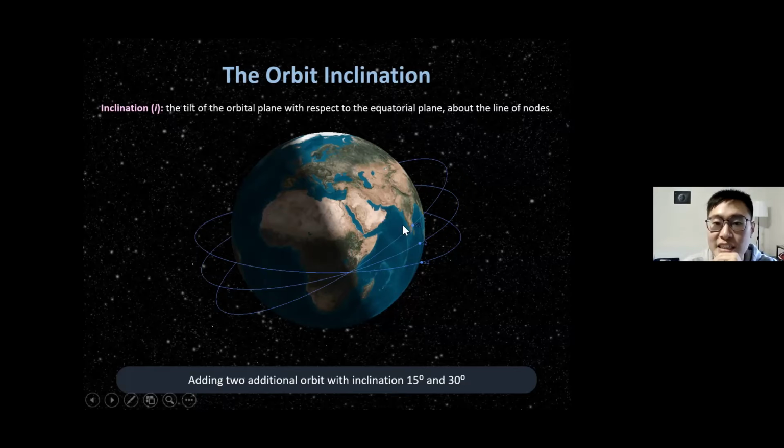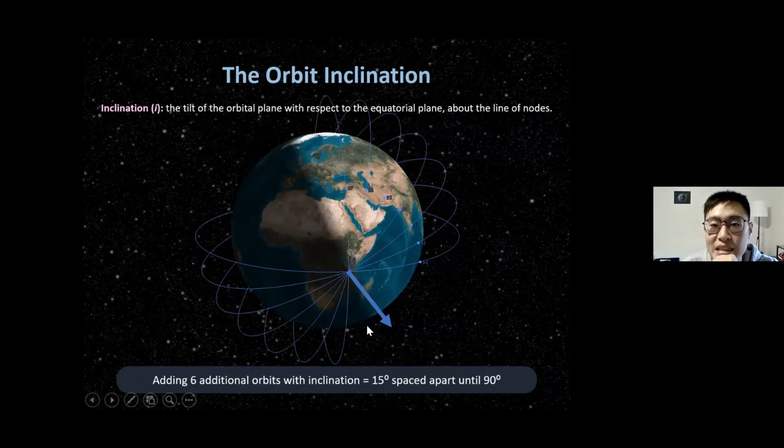And we can just keep adding more. You can add so many orbits spaced 15 degrees apart, so these are different orbits with different inclination angles, right? The one that's flat, horizontal, is called an equatorial orbit. And the one that's inclined all the way up to 90 degrees is called a polar orbit.